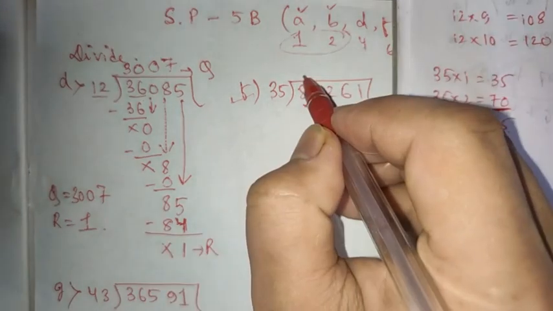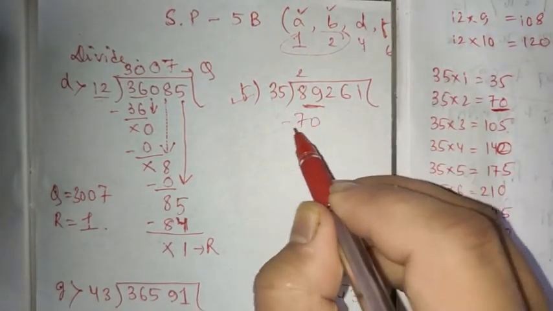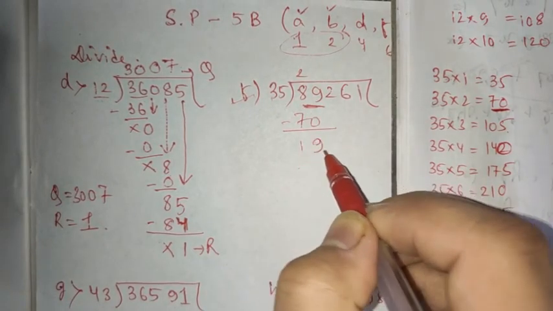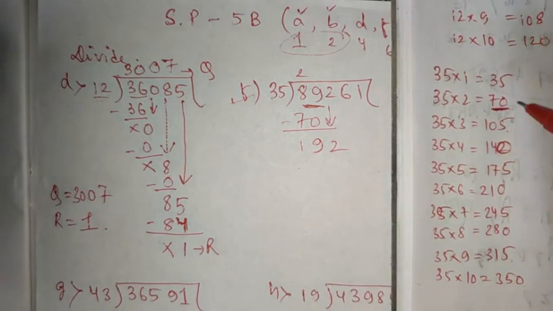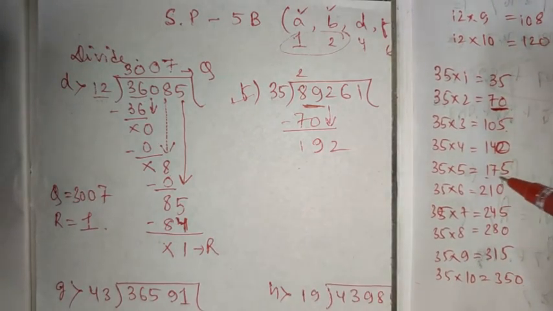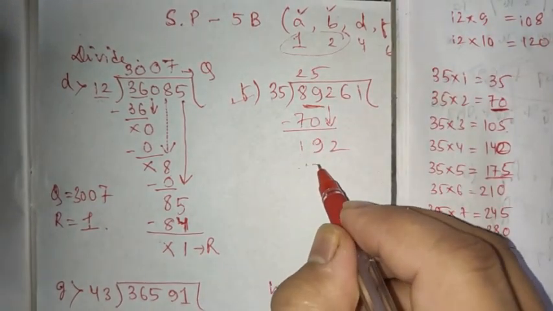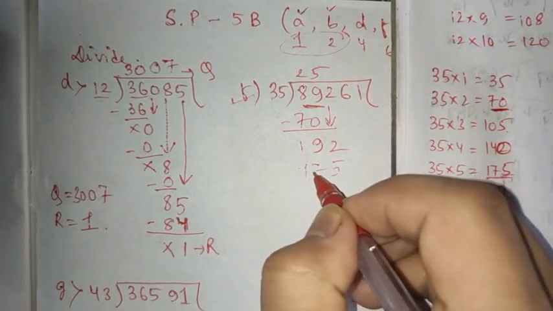So 35 twos is possible. So 89 minus 70 is 19, and 8 minus 7 is 1. Now this 2 will come down. The proper number is 175. So 35 fives are 175, right?